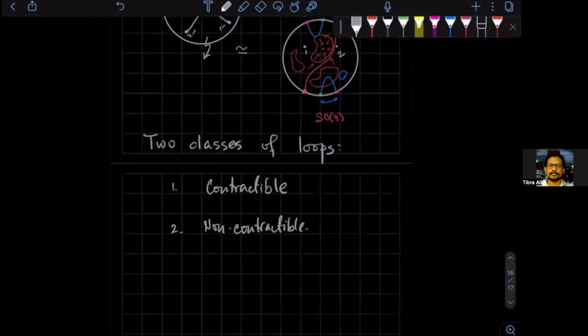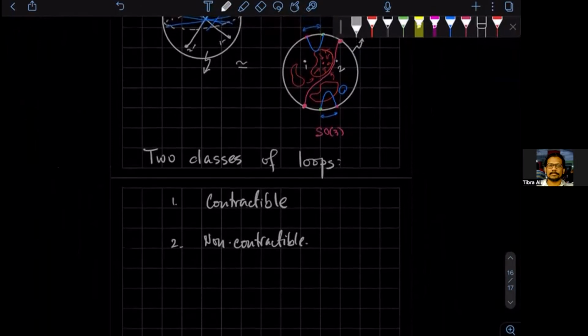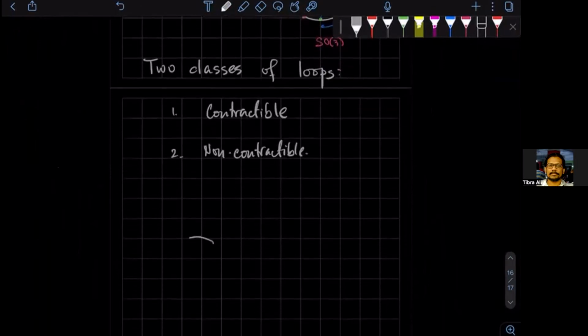I won't go into that, but at least, you know, intuitively what happens is that if you have 2 loops like this one and this one, you can associate with this a group element alpha, and the composition of the group element means that alpha times beta means that you first go around beta and then you go around alpha.